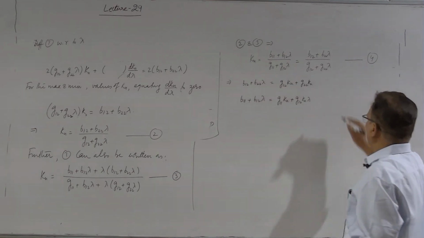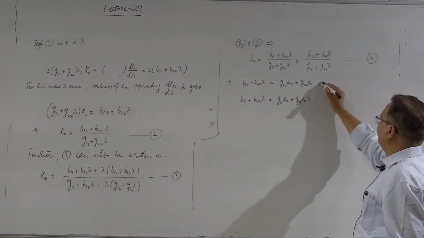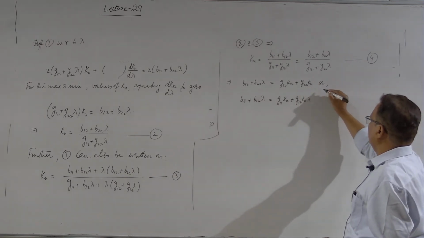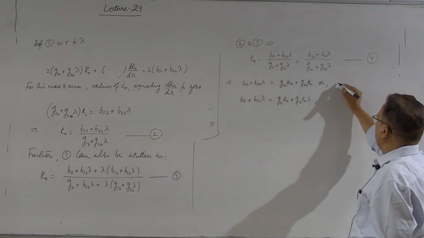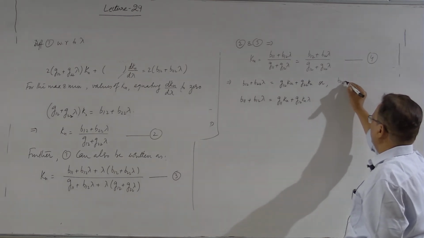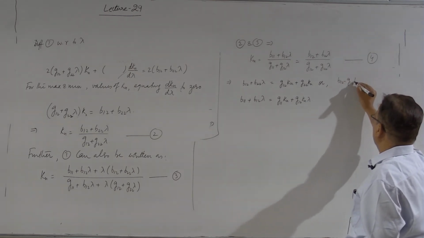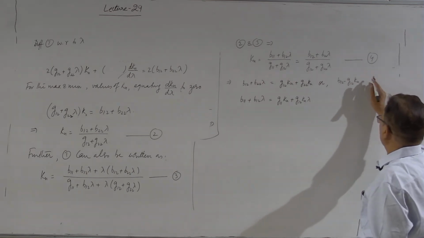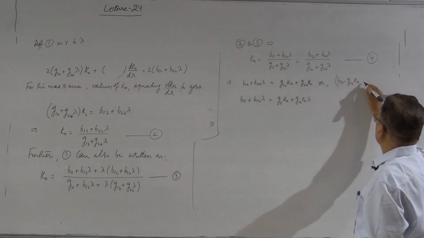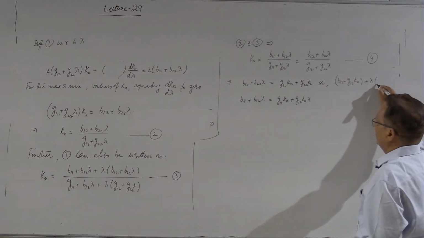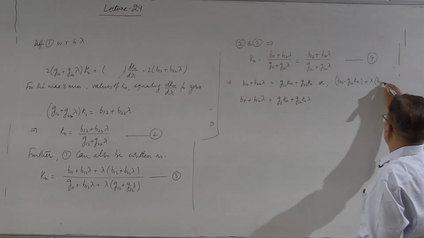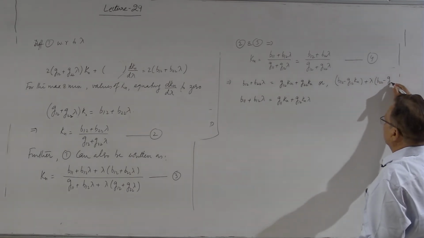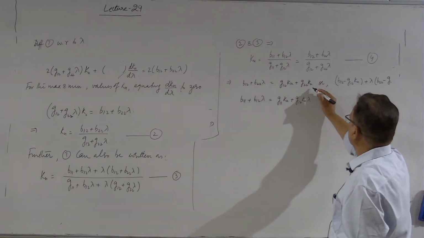Or I can simplify the above equation further, or I can rewrite this as B12 minus G12 Kn equal to lambda times B22 minus G22 Kn.